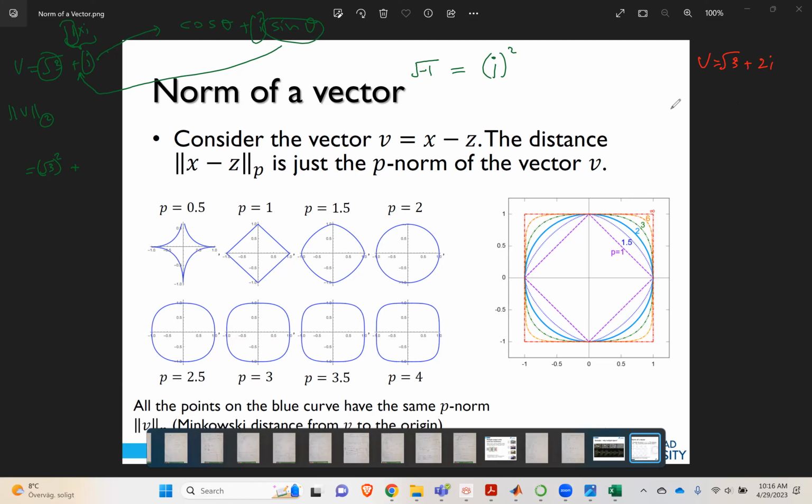So in here, what we need to do is take the square root of 3 square plus 1 square. So this becomes 3 plus 1. So the value is the square root of 4. This is how we calculate the norm of a vector.